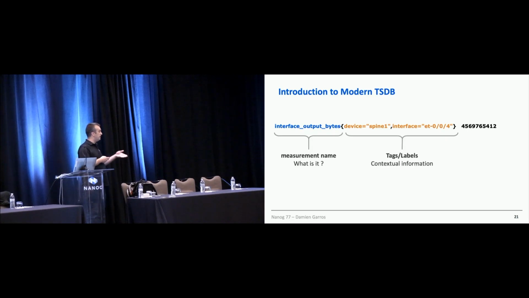If I'm talking about interface counters, the minimum I need to capture is the name of the device and the name of the interface. But the idea is that you can have many, many more pieces of contextual information that will let you query those devices. That's, again, what we'll be exploring in the other part of the talk. And then usually you have a value. So really, all the data that we collect has these specific formats. I'll skip to the labs, where we'll explore live how to query that and what it looks like.